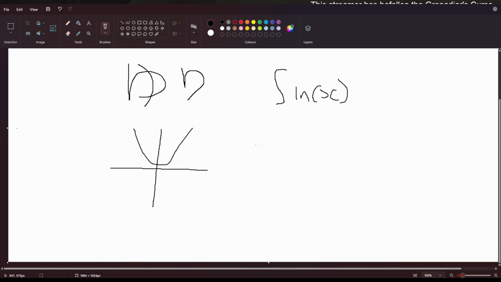You've got y equals x squared. That's the y-axis, this is the x-axis.